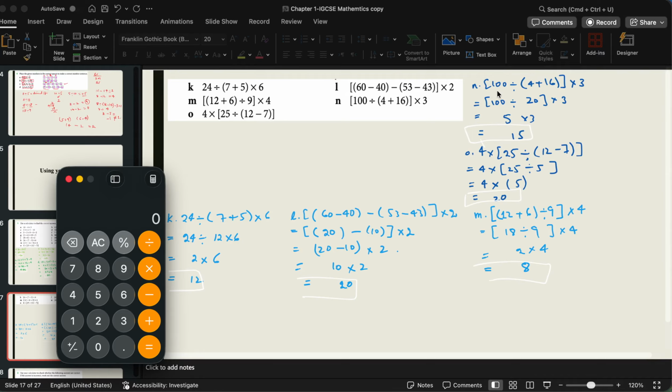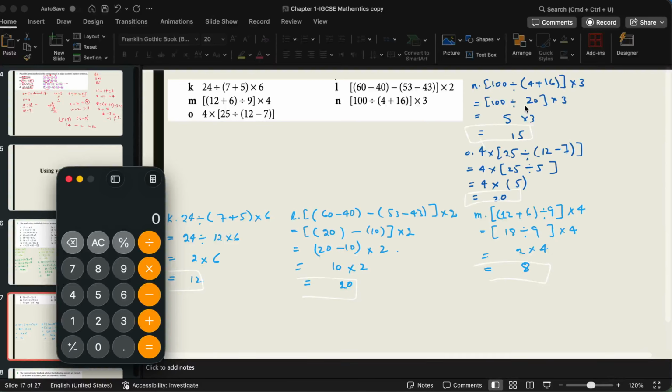The third last expression: in the square brackets we have 100 divided by, in the parentheses, 4 plus 16, and then outside the brackets we have multiplied by 3. Again, starting with the innermost, 4 plus 16 is equal to 20.